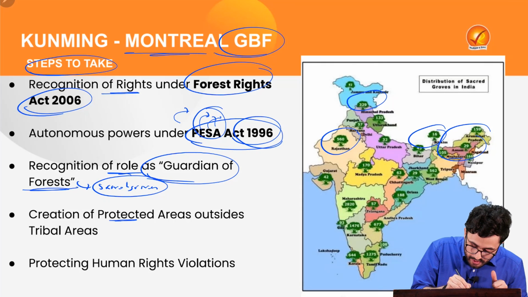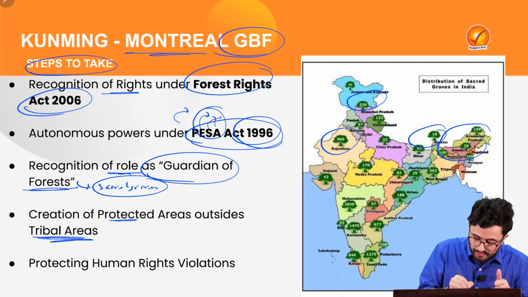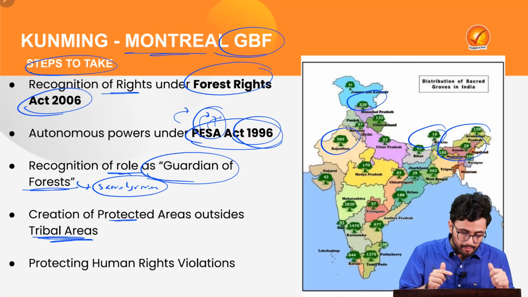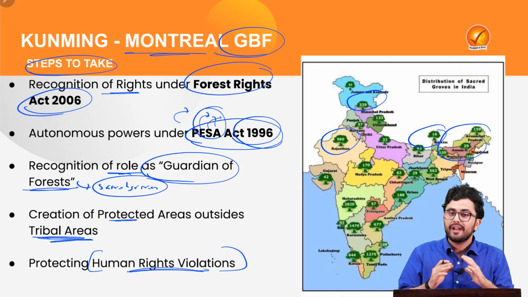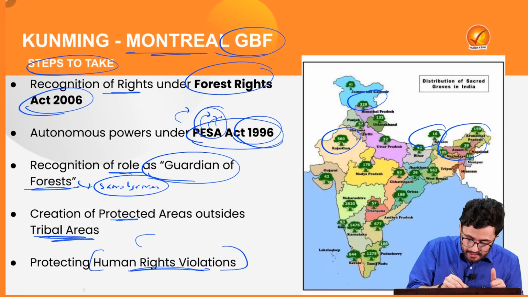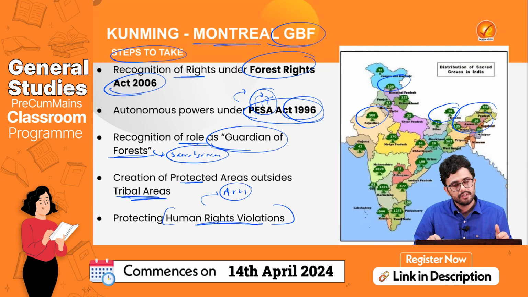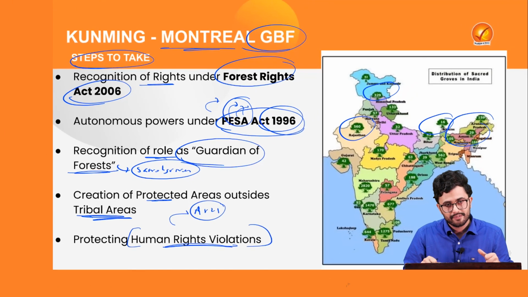Then we can also create such protected areas outside the ambit of tribal areas. And the government shall aim to prevent human rights violations and to provide these tribal people, traditional forest dwellers, their right under Article 21 of the Constitution, which provides them an equal right to a dignified life.